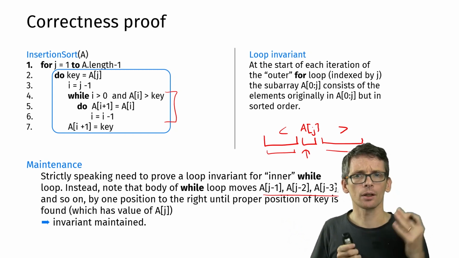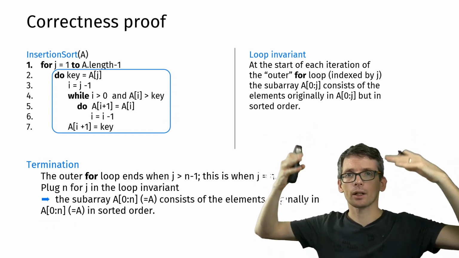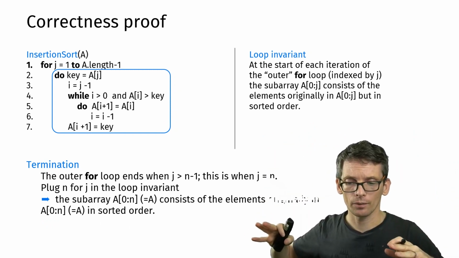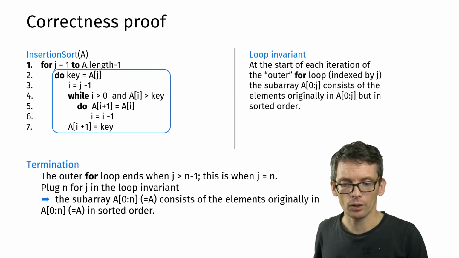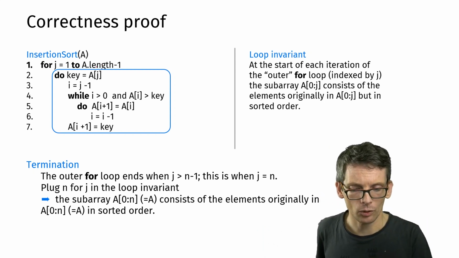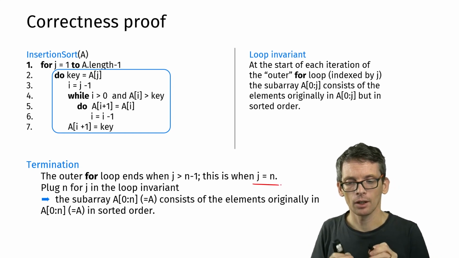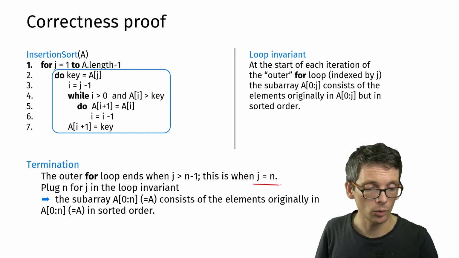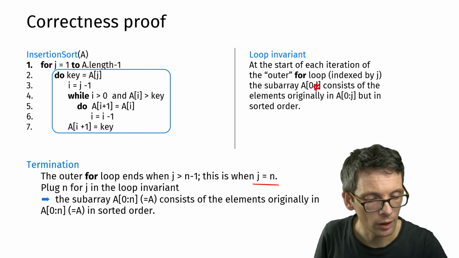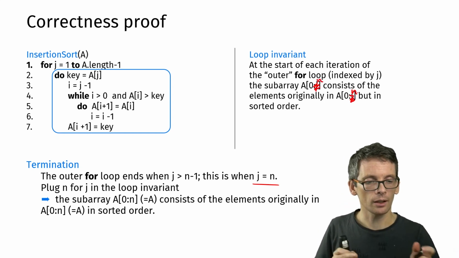So that's maintenance. Termination. We should see what happens after the last iteration. In the last iteration, j is n minus 1. So after the last iteration, j is n. If I plug n into the loop invariant, what does it say?